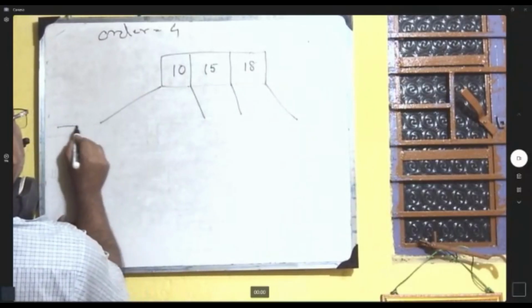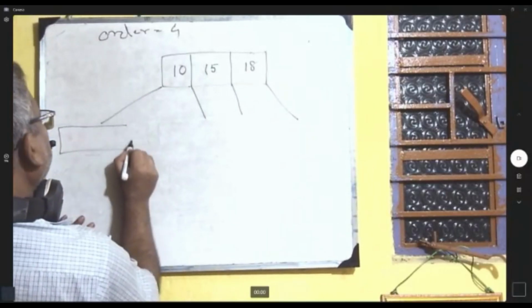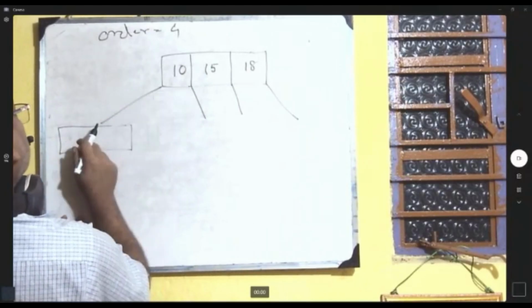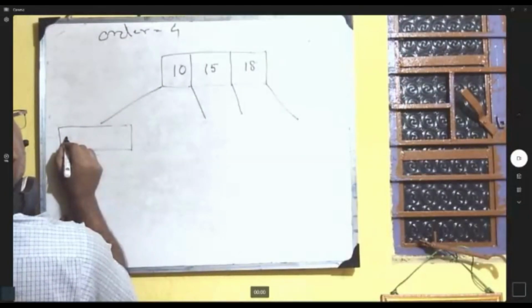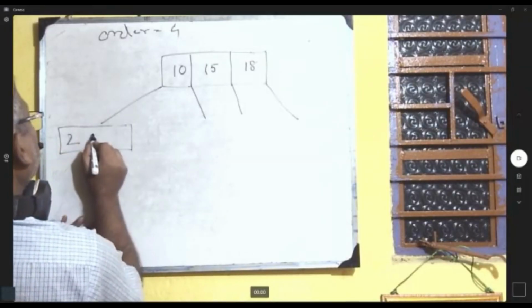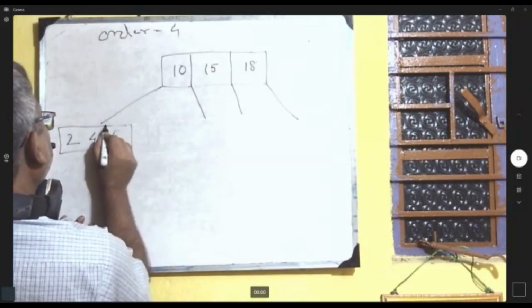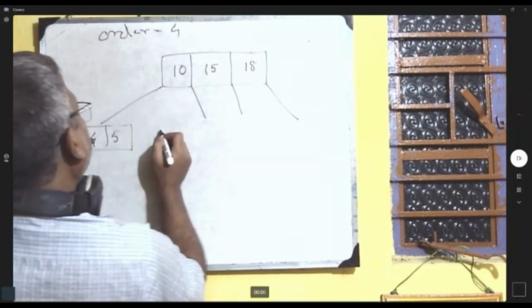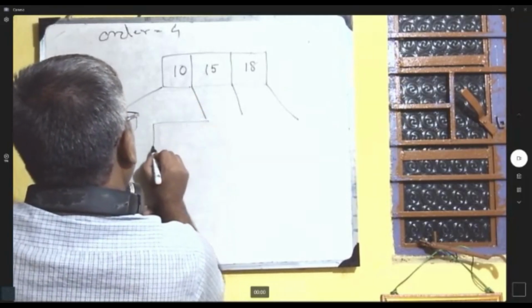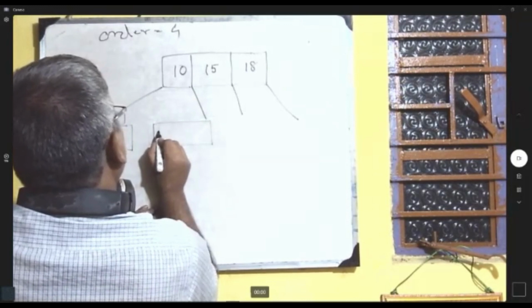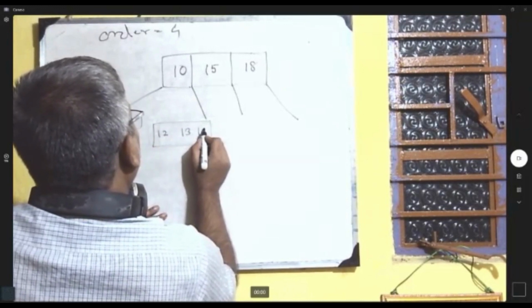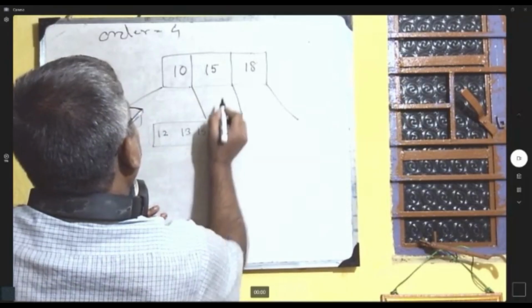The leftmost child has 3 keys, with values less than 10, suppose 2, 4, 5. The next child has values greater than 10, that is 12, 13, 15.